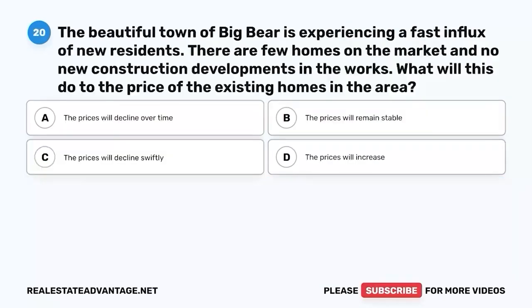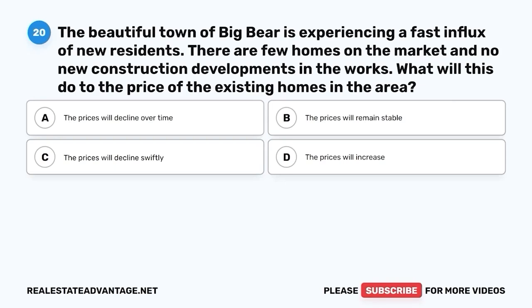potential. Question 20. The beautiful town of Big Bear is experiencing a fast influx of new residents. There are few homes on the market and no new construction developments in the works. What will this do to the price of the existing homes in the area? A. The prices will decline over time.